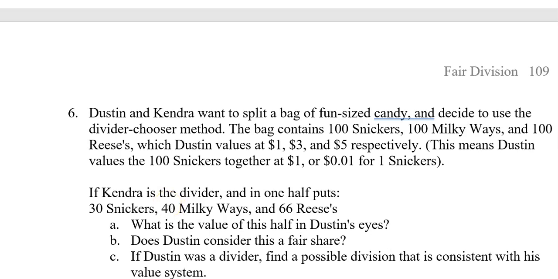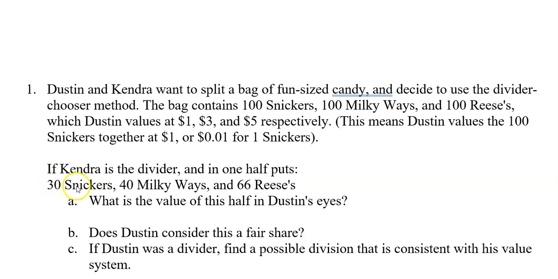Okay, so let's take a look. Since Dustin valued the Snickers at 1 cent per Snicker, we're going to have the 30 Snickers times 1 cent is how much those are going to be worth to him. And then the 40 Milky Ways, well, let's see, he valued Milky Ways at $3, or really 3 cents per Milky Way, so we're going to multiply that by 0.03.